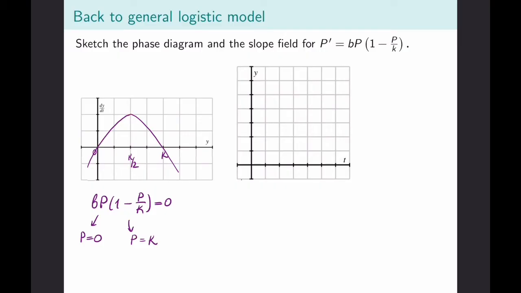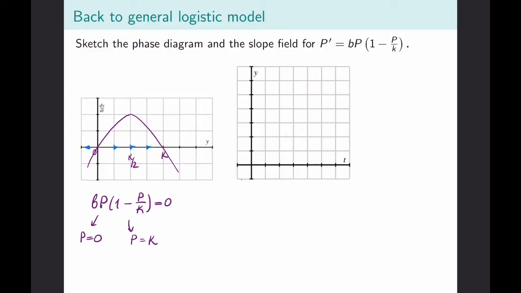Now I can put the arrows onto my horizontal axis, which will help me identify the stability of my two equilibria. Remember that if the graph is below the horizontal axis, then the arrows point to the left, and if the graph is above the horizontal axis, the arrows point to the right.